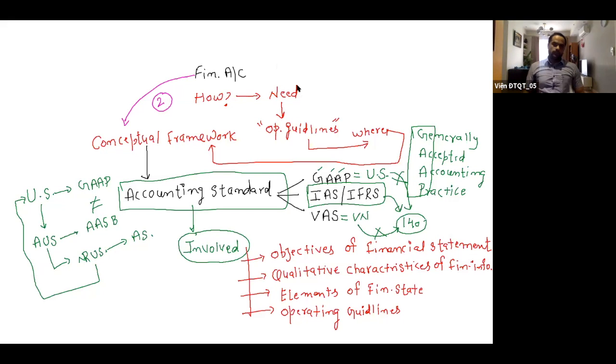Okay, so first thing, with the help of accounting standards, we find out what is the objective of financial information. Why we need financial information? Why it's important that we have to prepare financial statement? Right? Why it's so important? Of course, I will tell you later why. We understand through the accounting standards. Second thing, we understand what should be the characteristics of the qualitative financial information.